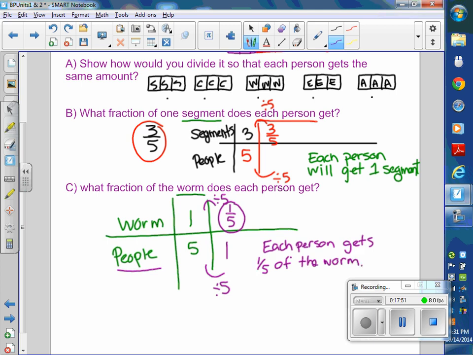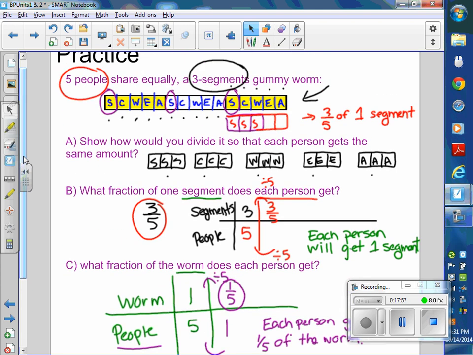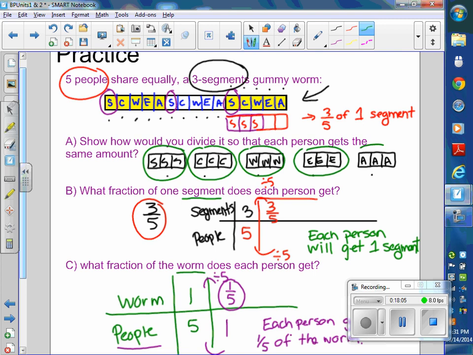So when you look at your picture up here, 1/5 of the gummy worm, I've divided the gummy worm up into 5 parts. So each person gets 1/5 of the gummy worm, but that is 3/5 of a segment.